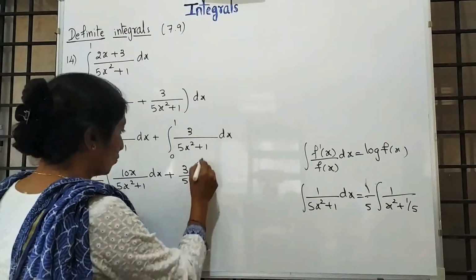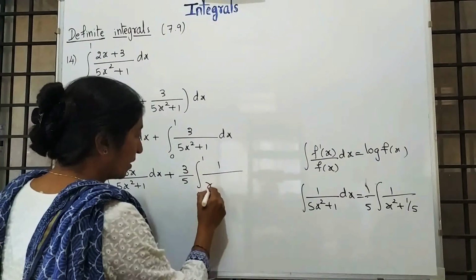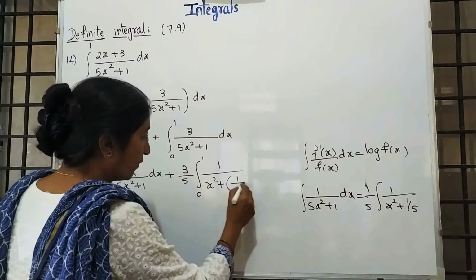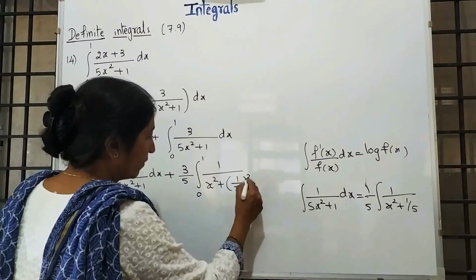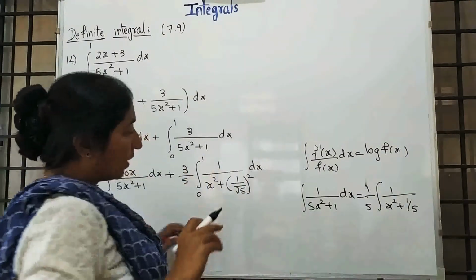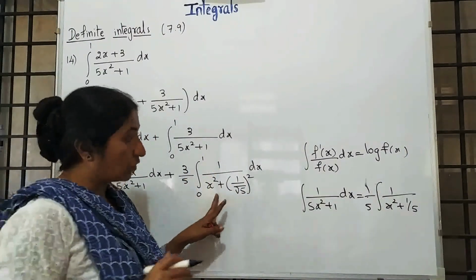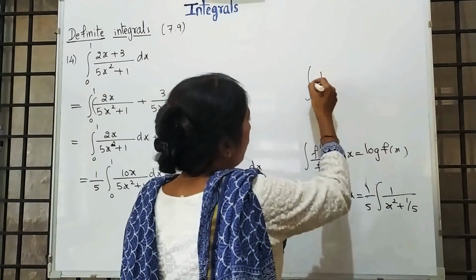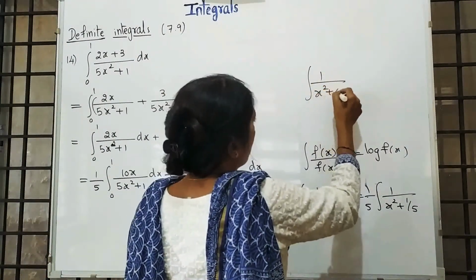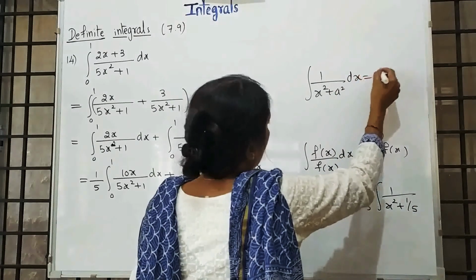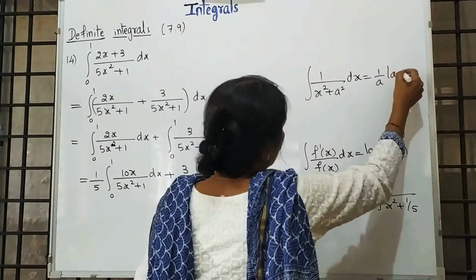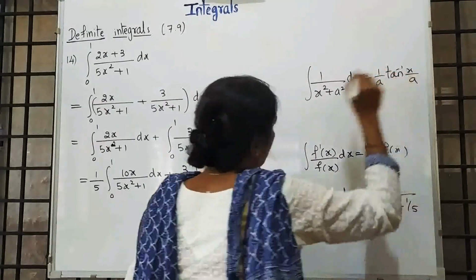Already 3 is there. That is 3 by 5, integration from 0 to 1, 1 upon x square plus (1 by root 5) whole square. Now have you remembered the formula? For the second one, it is in the form of 1 upon x square plus a square, and the answer is 1 by a tan inverse x by a.